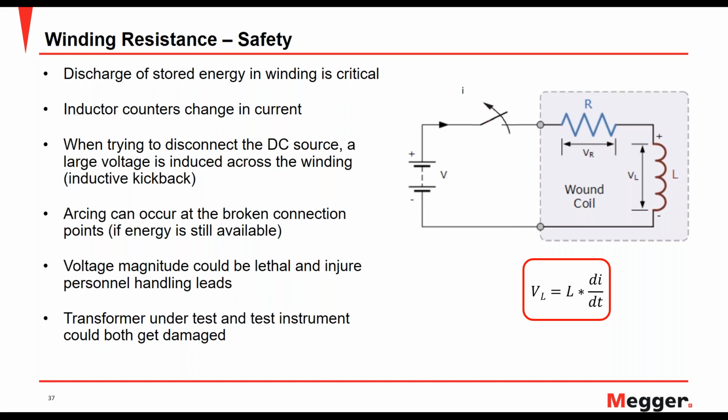And this large voltage can cause arcing to occur at the point where the connection is broken. The voltage involved can be high enough that it could be lethal and injure the personnel, and also it could injure the transformer under test and the test instrument.